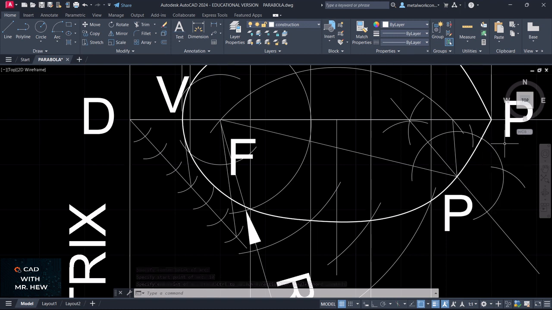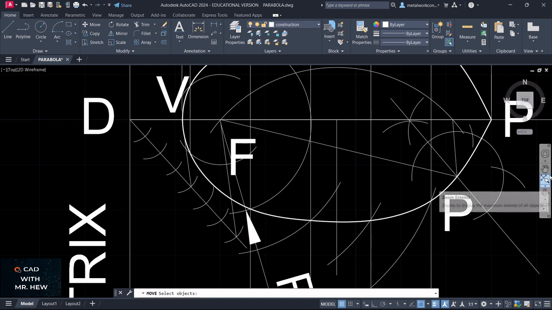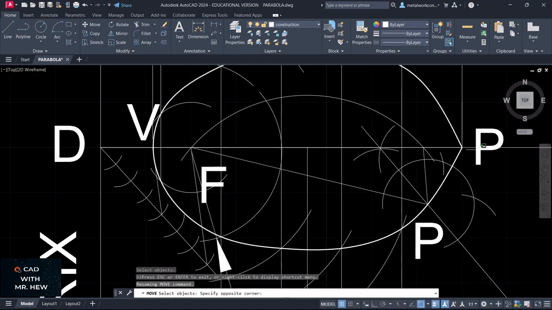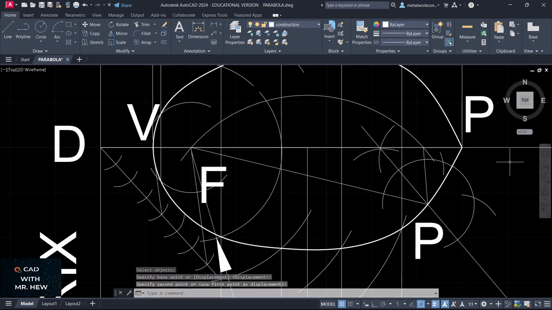All right, so we're gonna move this P out of the way. I'm gonna select this. So we're gonna go move. All right, so we have it here.